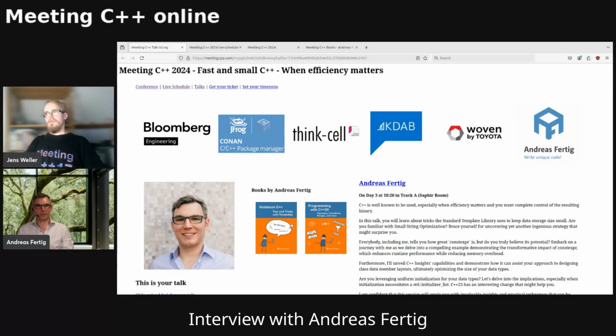I know at the conference we have a lot of talks about the new standards, but how is the reality? How much do you teach still older standards? Yeah, so the most frequent class usually is C++17.